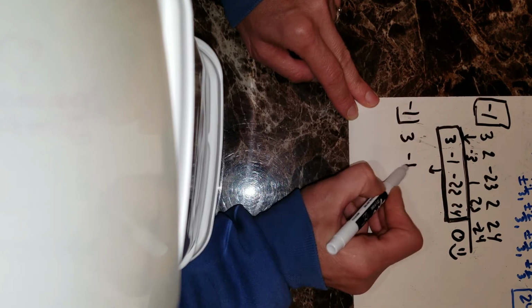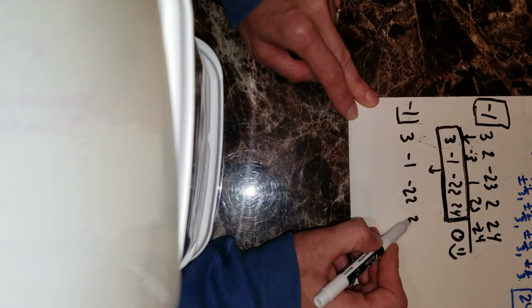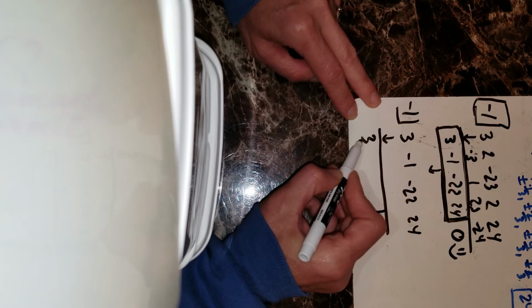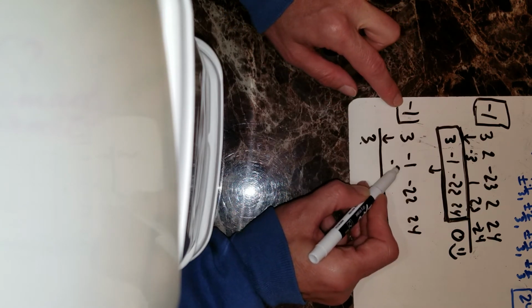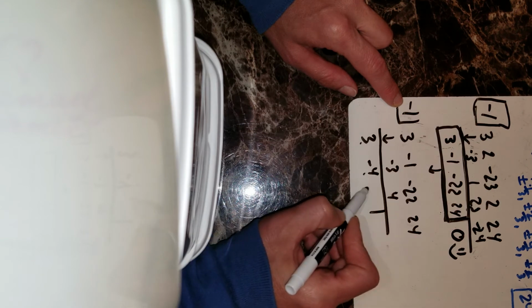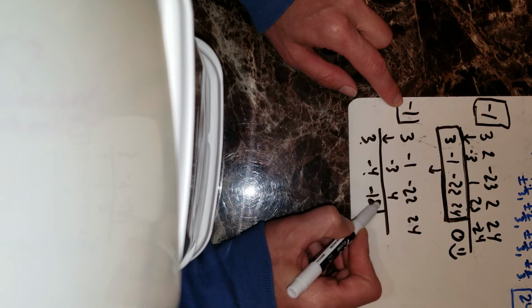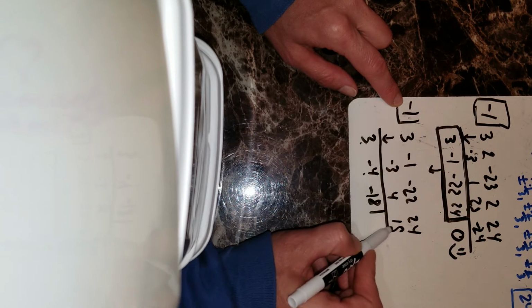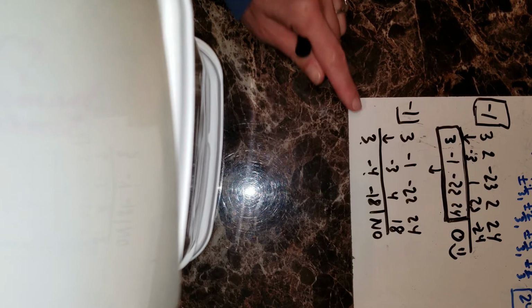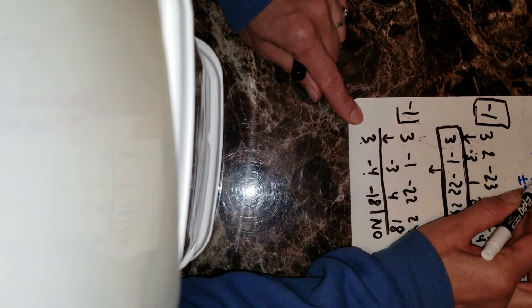So 3, negative 1, negative 22, 24. Bring down the 3 and then times, you get negative 3, add, times positive 4, add is negative 18, times positive 18, and then this is not 0. So that's a no. So we tried positive 1 and negative 1 fully.